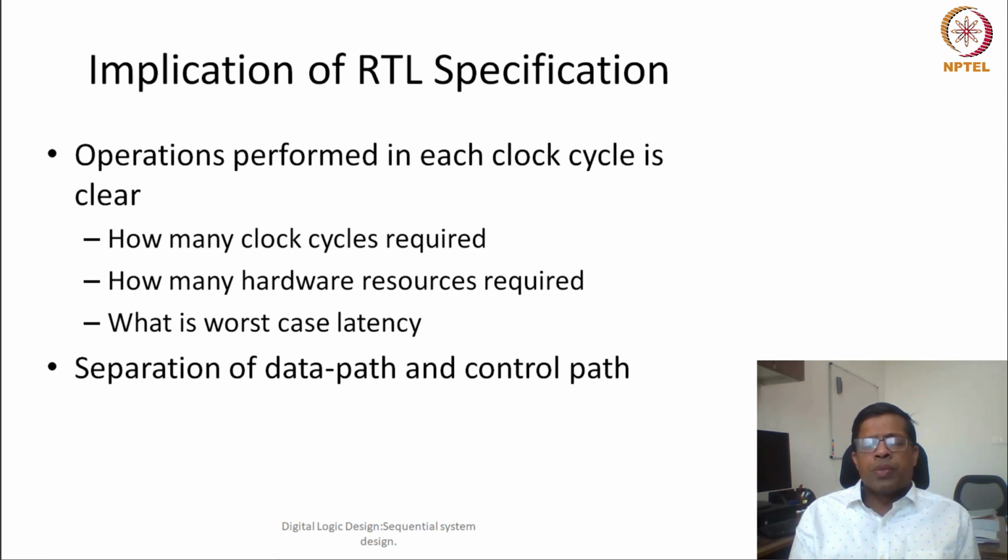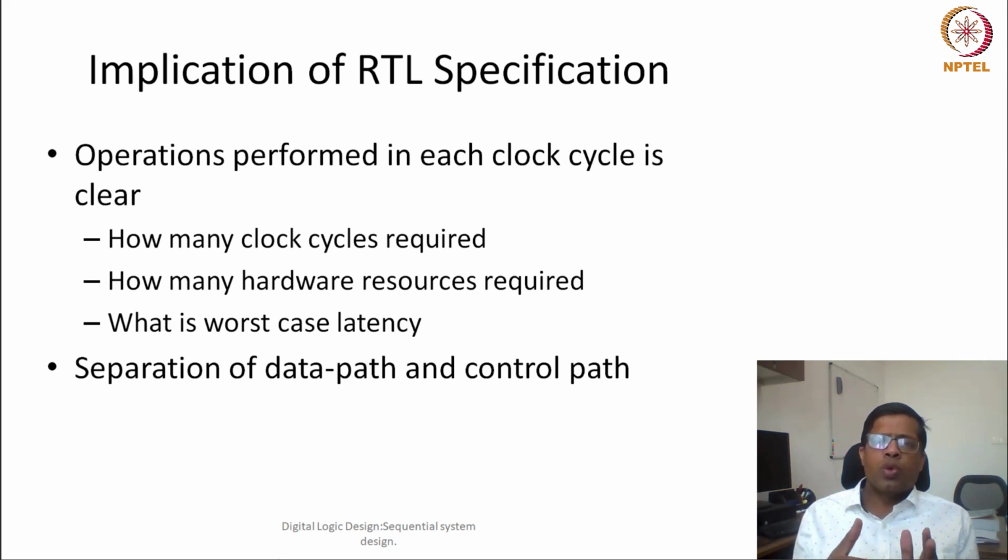This we have already discussed in a previous slide, that the RTL specification is usually centered towards the data path or the operations, and the scheduling of which operations would be performed in which particular cycle.